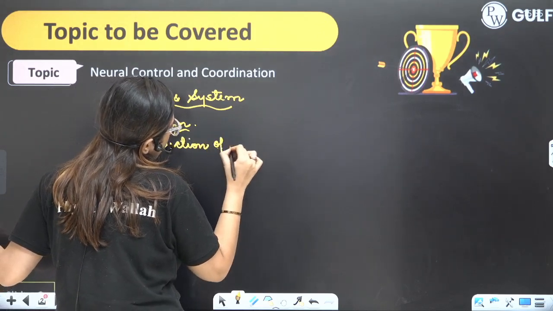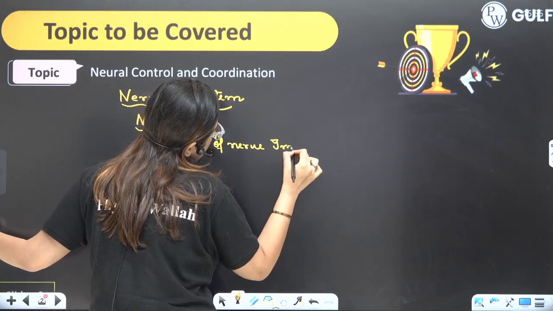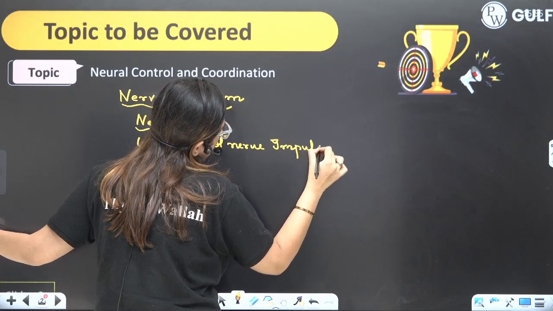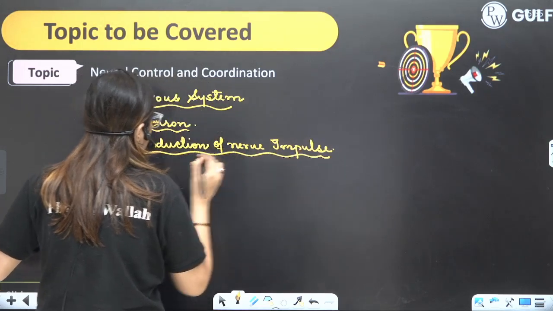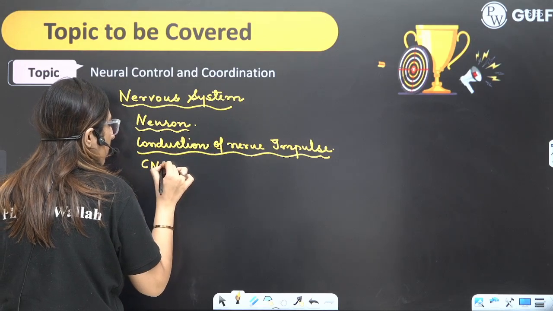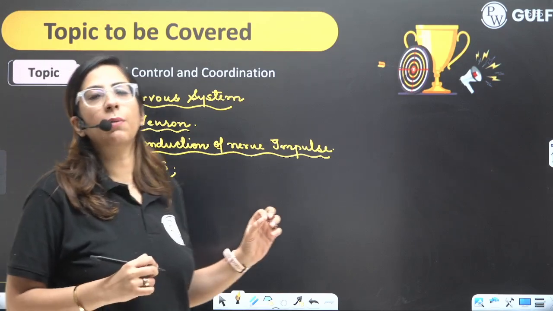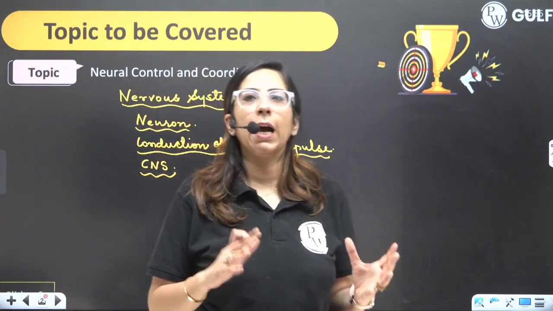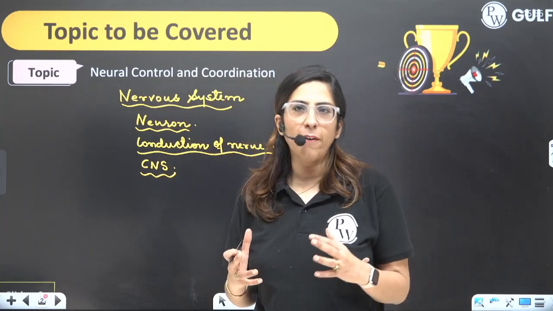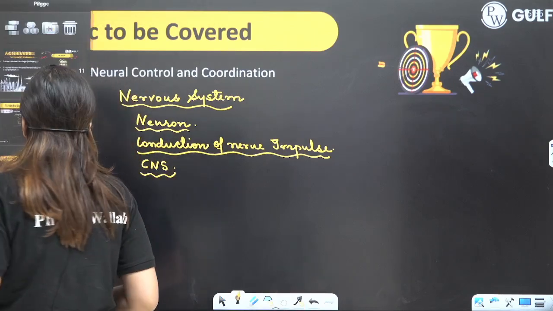Then the parts of the central nervous system. We will not discuss the spinal cord in detail, only the parts of the brain: forebrain, midbrain, hindbrain, and what they control. Everything as per your reference book, your NCERT.